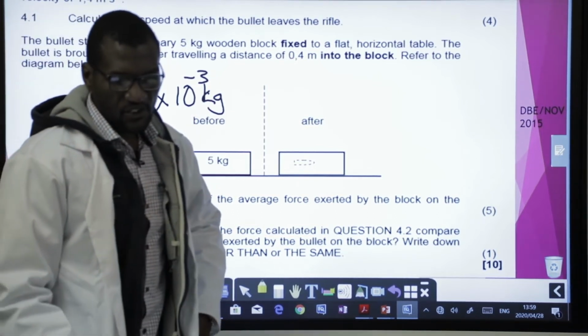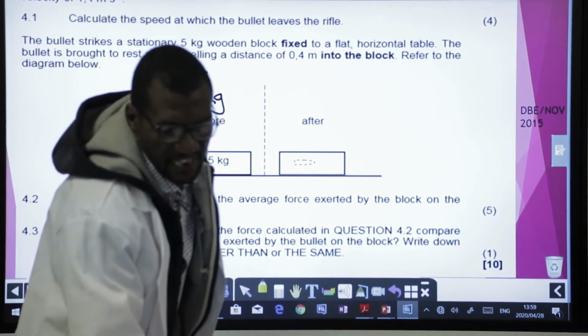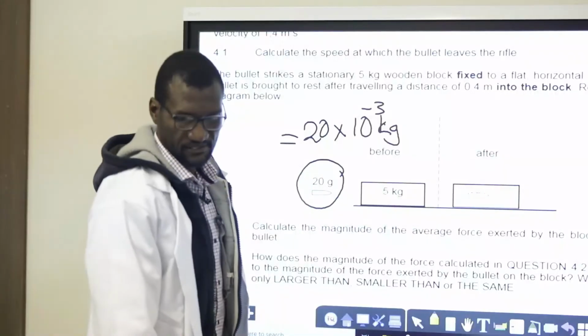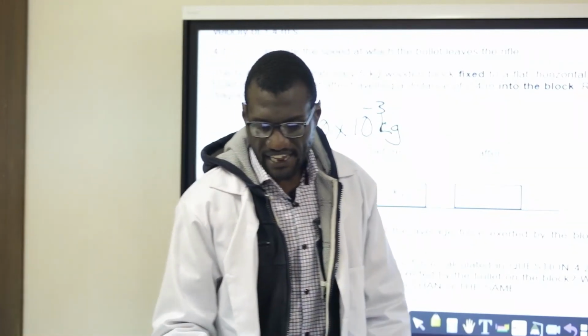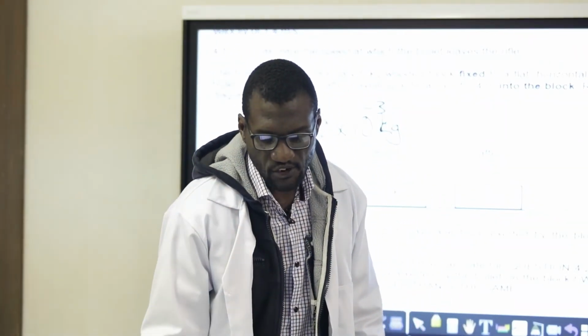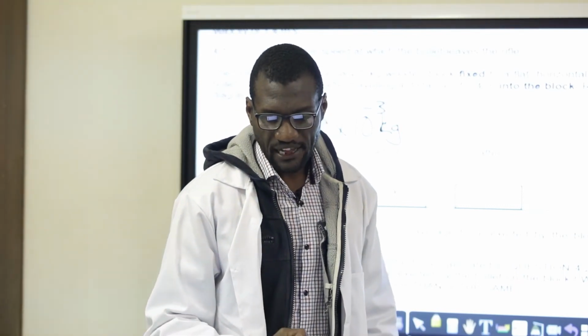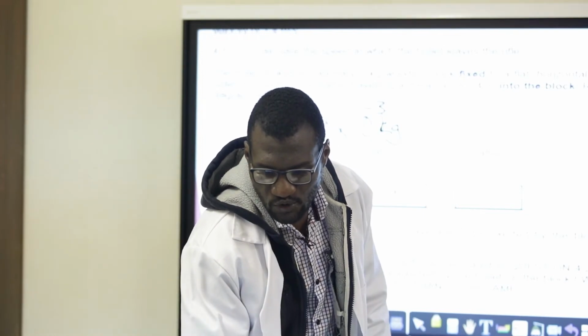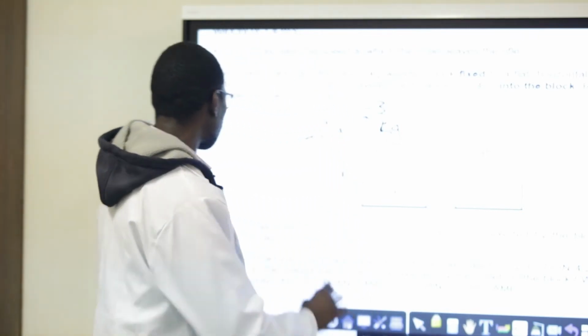All right, so what is happening? It's fired from a stationary rifle of mass 3 kg. All right, and assume that the bullet moves horizontally immediately after being fired. The rifle recoils back with a velocity of 1.4 meters per second.